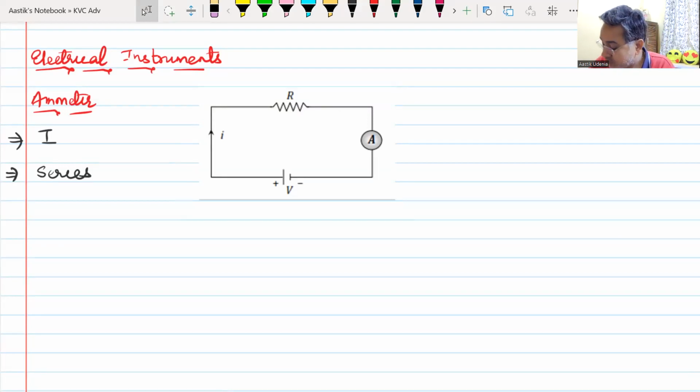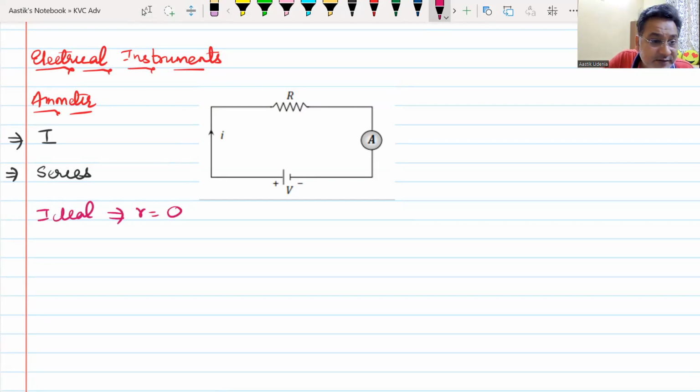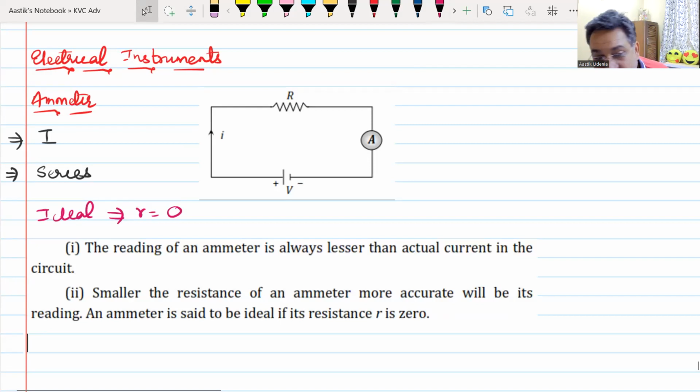Now, whenever we talk about an ammeter, for an ideal ammeter, the internal resistance has to be 0, but it is not possible. Internal resistance is always there, and therefore whatever reading the ammeter takes would always be less than the actual reading of the current.